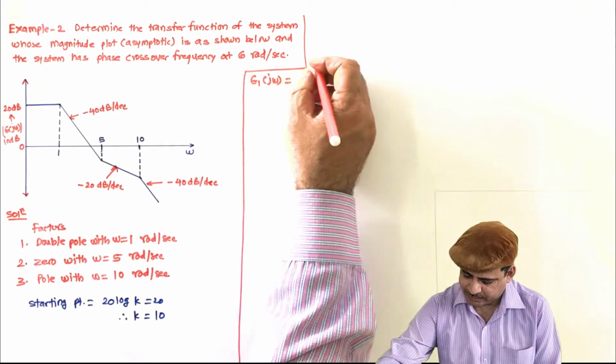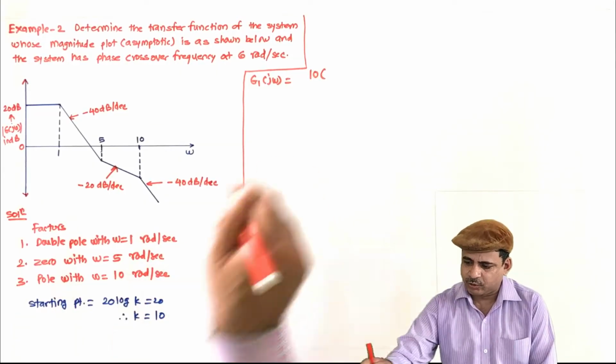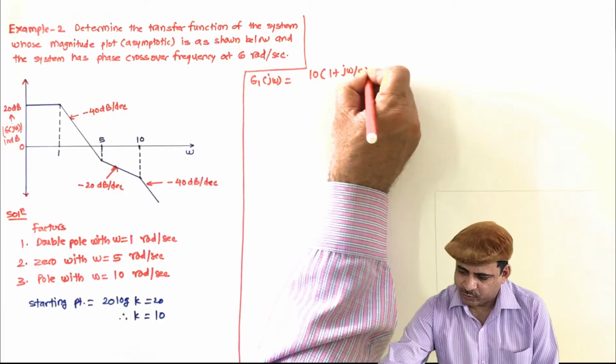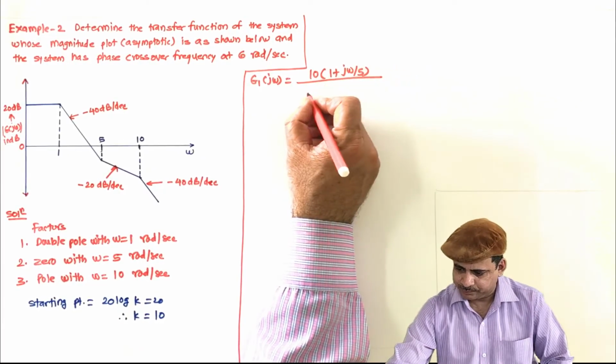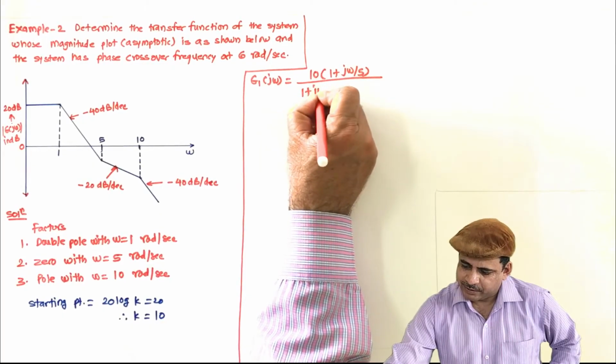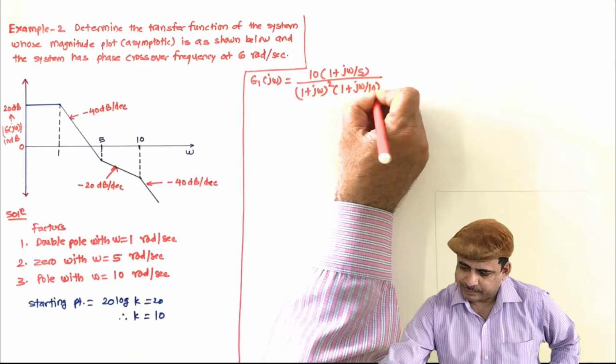g1 of j omega will be equal to 10 into, there is a zero, so this zero will be 1 plus j omega by 5, upon, there is a double pole, so 1 plus j omega whole square into 1 plus j omega by 10.